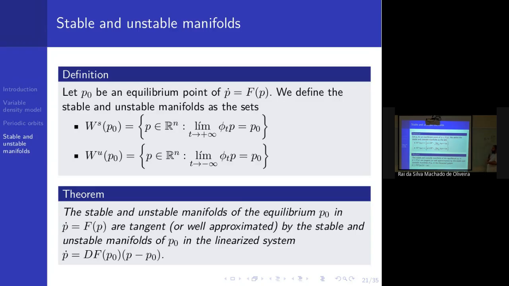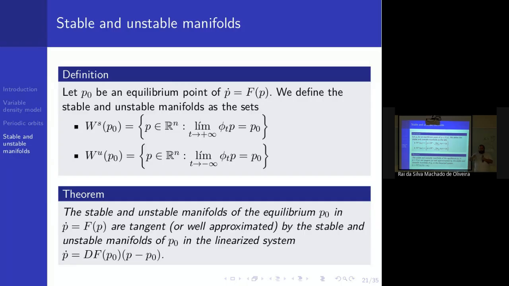So it's all the trajectories that, when the time goes to minus infinity, go to the equilibrium point. So it's actually as if the trajectory connects the equilibrium point to the outside of the equilibrium point. You can think about these stable and unstable manifolds as highways that connect the equilibrium points to the phase portrait, because they come from every part of the phase portrait and end up in the equilibrium point, and vice versa.